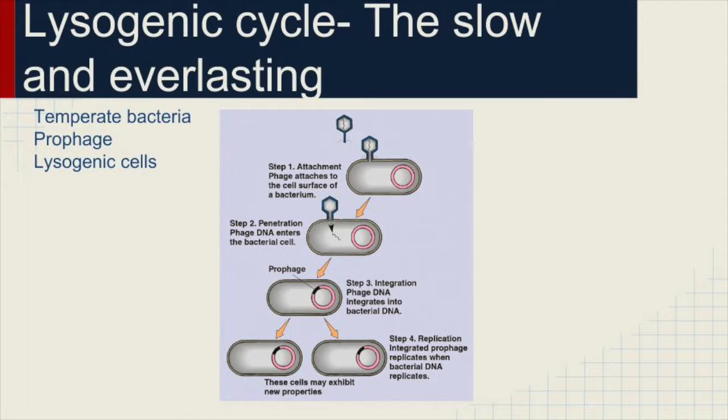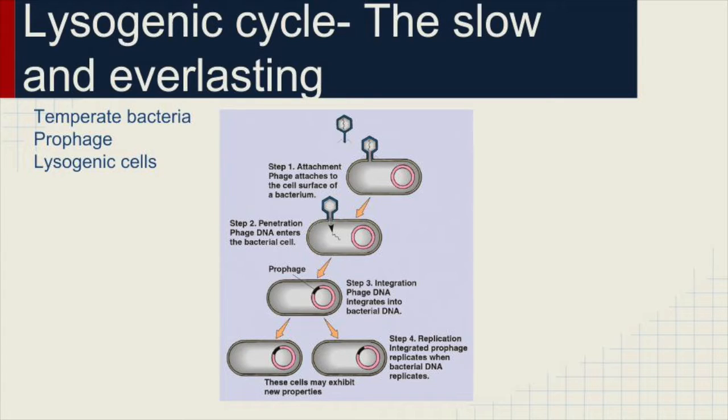And once it integrates with the bacteria's DNA, the DNA will then become prophage, meaning that it has the virus's DNA in it. And then when it splits off into two more cells, it is considered a lysogenic cell.